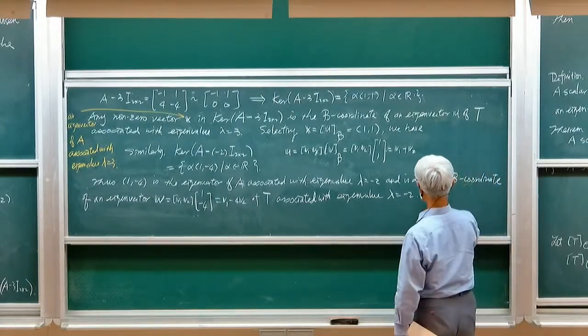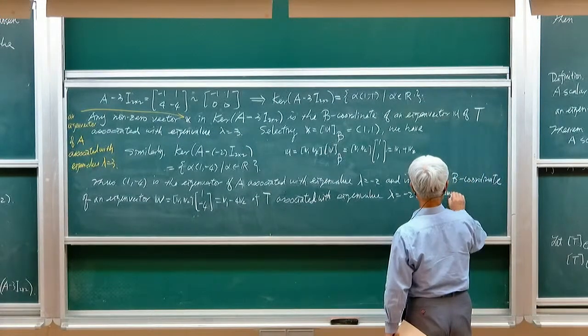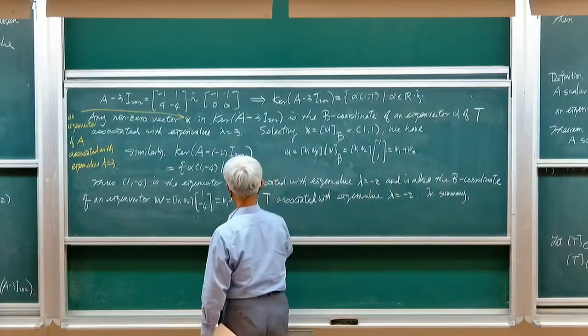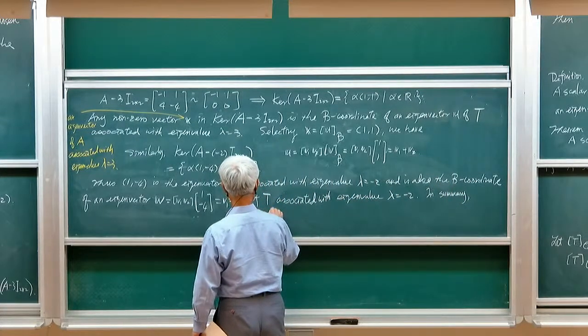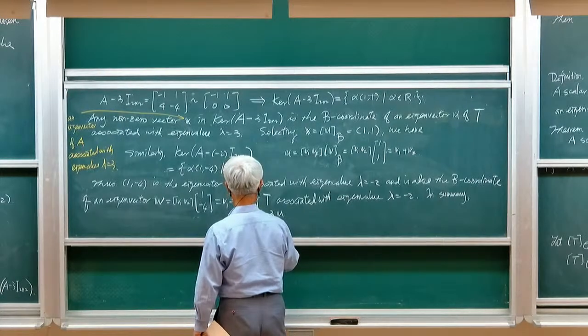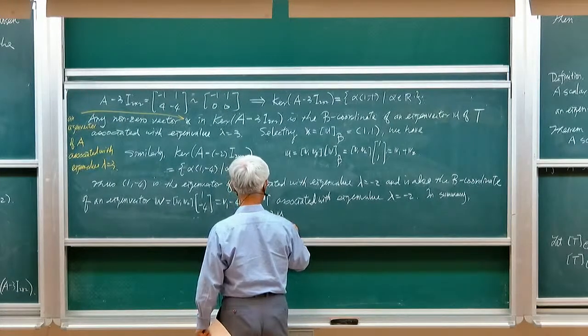All right, so in summary, we have solved basically TU is equal to 3U and TW is equal to minus 2W.